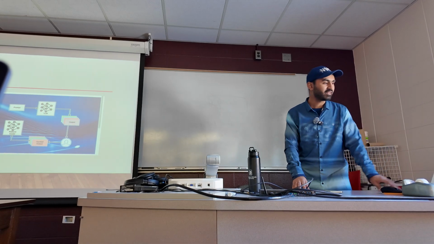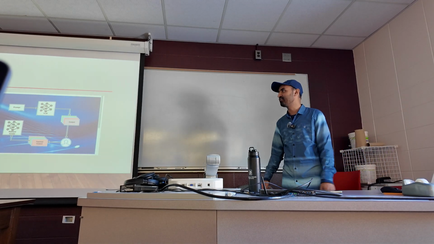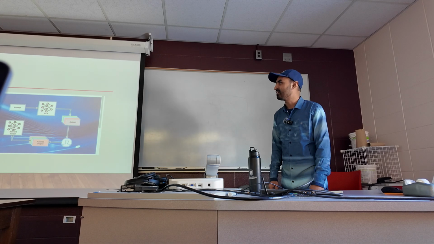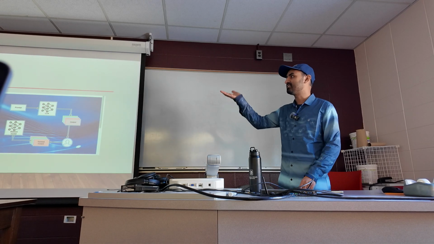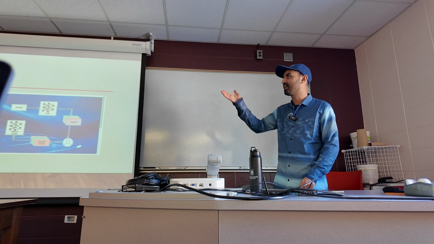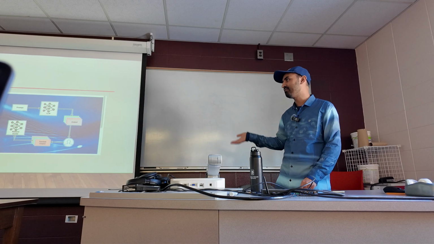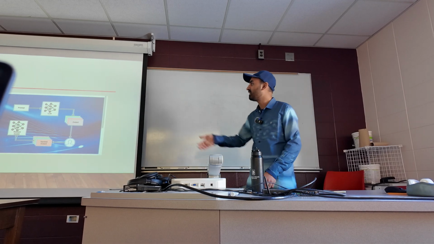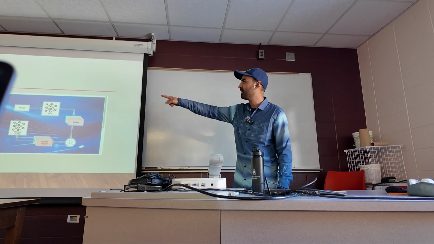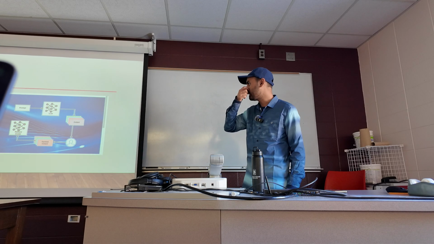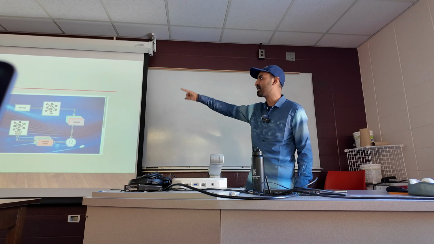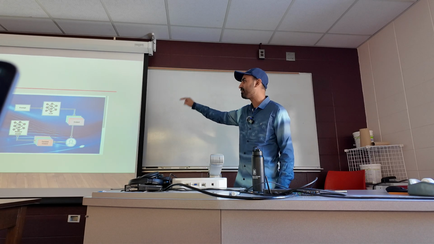So now I'll be describing a little bit about reinforcement learning. ChatGPT and similar systems use a technique called RLHF, which is reinforcement learning from human feedback. What is this? There is a prompt on the left, with a question in it. This question is asked to the LLM, and the LLM generates some output.